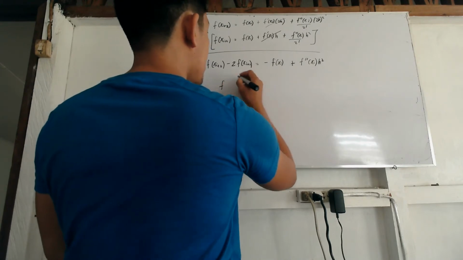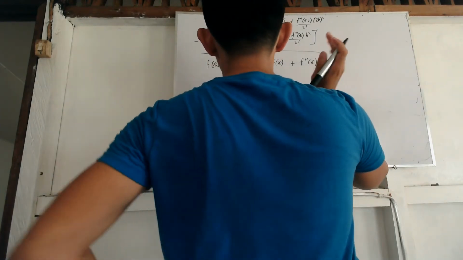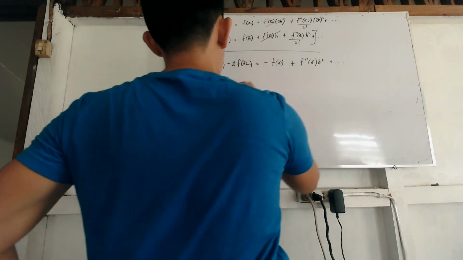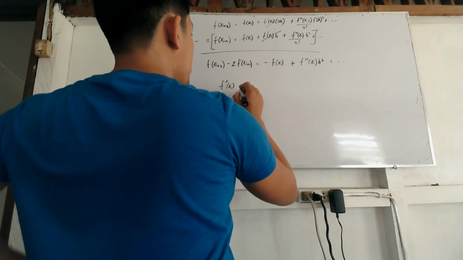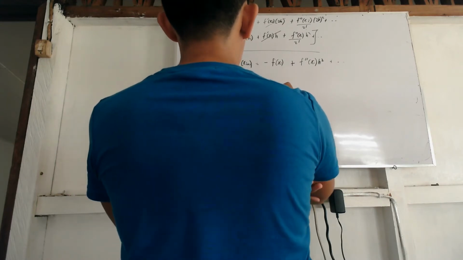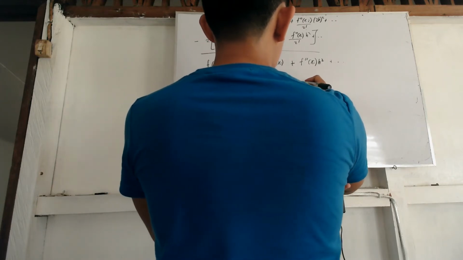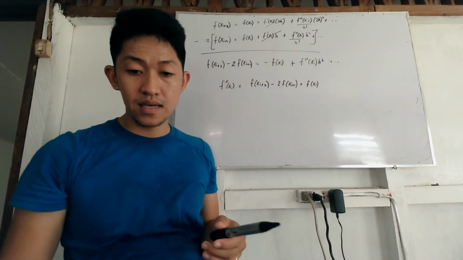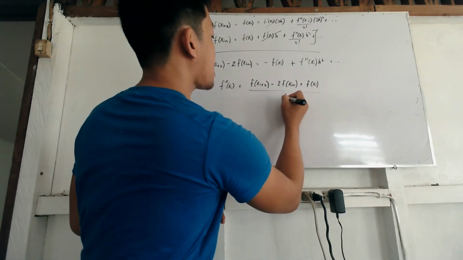your second derivative will be equal to f of x i plus 2 minus 2 f of x i plus 1 plus f of x i over h square.